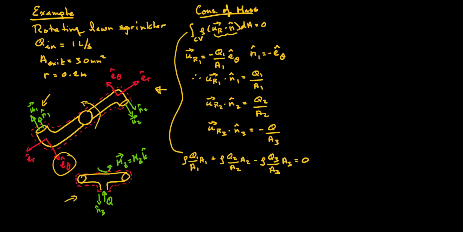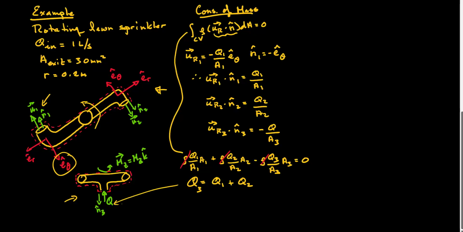And given that this is an incompressible flow, we can also say that the net volumetric flow rate needs to be 0, namely Q is equal to Q1 plus Q2, where Q is, I guess we could say Q3. This one over here.